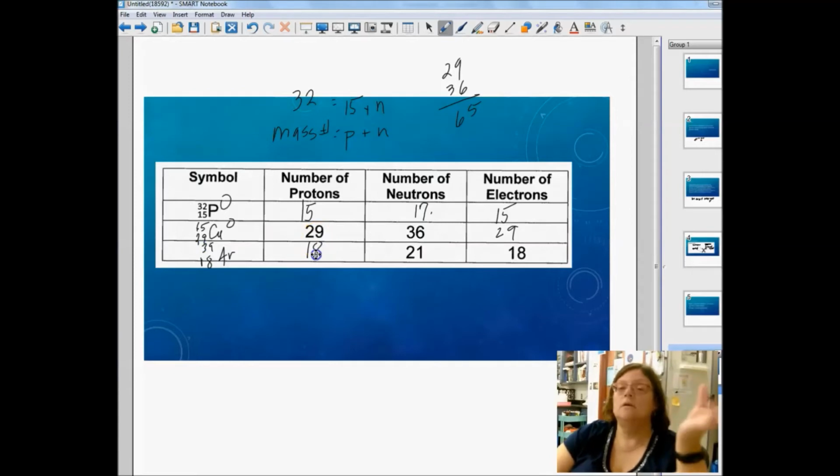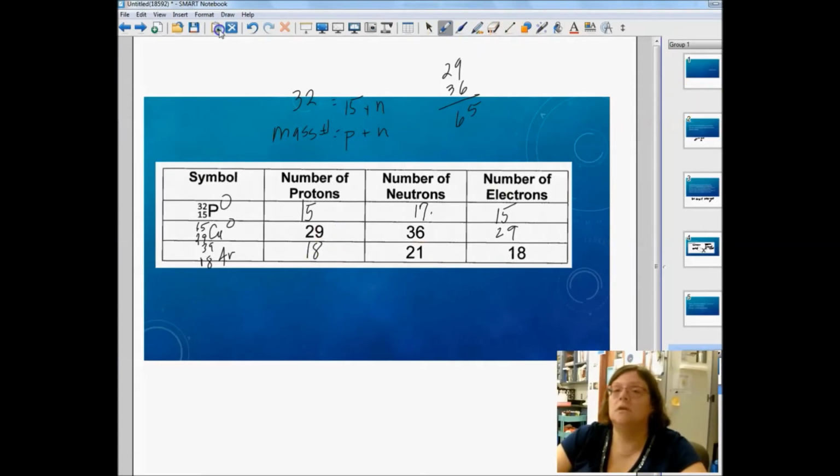All right, so that gives you a little bit of practice using the nuclide symbols, or the isotope notation. That gives you a little bit of practice with mass numbers. We didn't get any practice with, well, let's do an ion real fast.